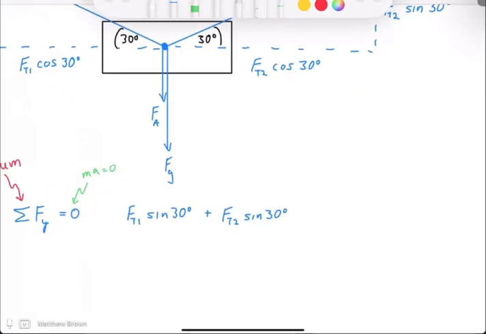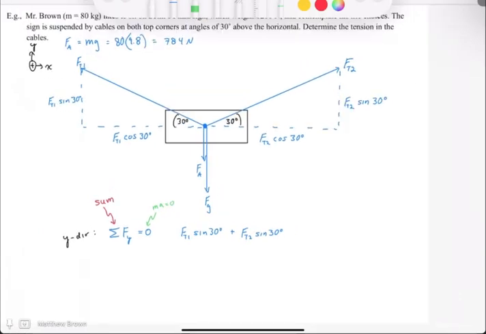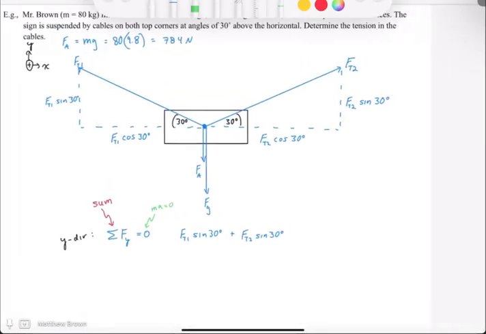And these two, FA and FG, are in the negative direction. I've already figured out FA is 784, but I could just write minus FA minus FG equals 0.